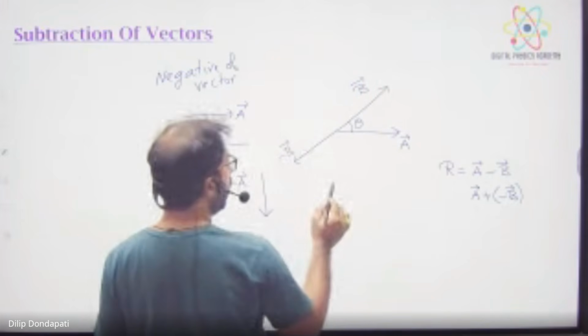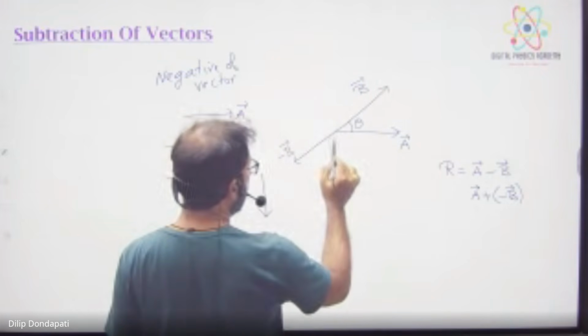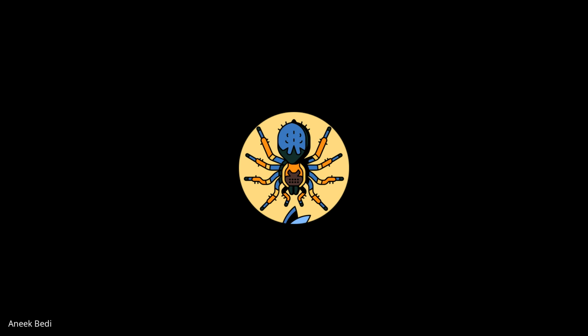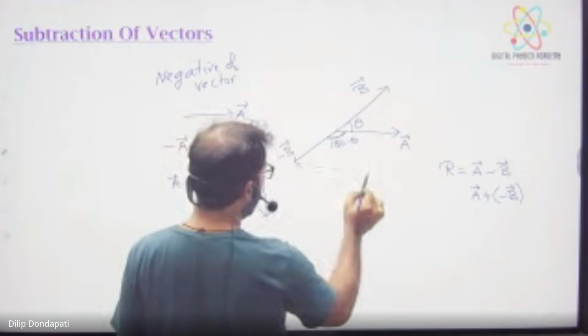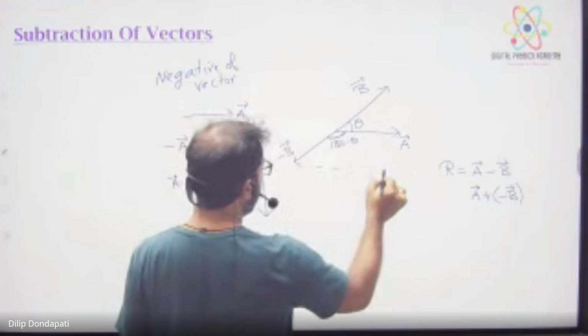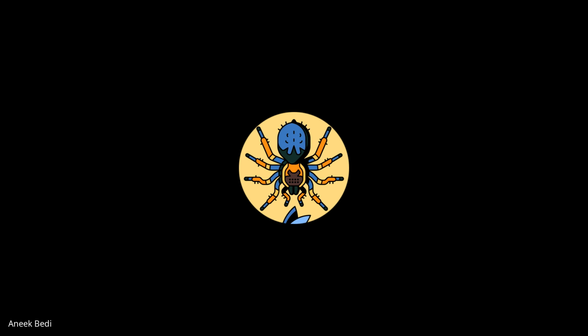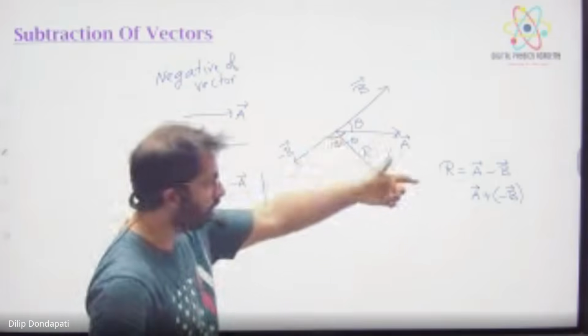Now apply parallelogram law for this a and b. What is this angle? 180 minus theta. Draw one line parallel to this, and one line parallel to this. By parallelogram law, this is the resultant, and this resultant is nothing but the subtraction only.